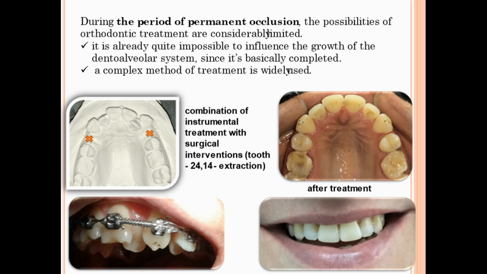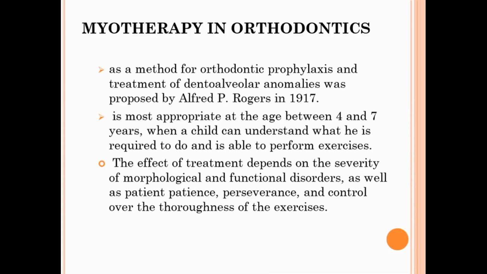At sharply expressed forms of open, distal and mesial occlusion formed due to growth and jaw disorders after completion of permanent occlusion formation, a surgical method of treatment is used.